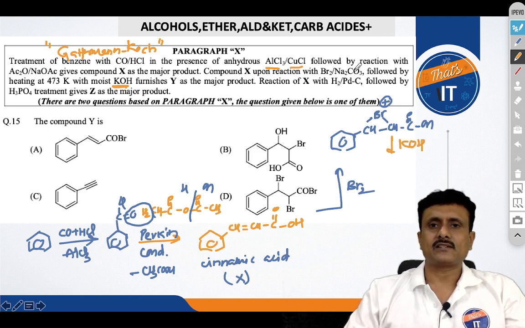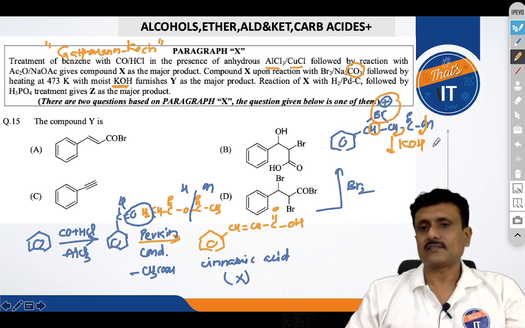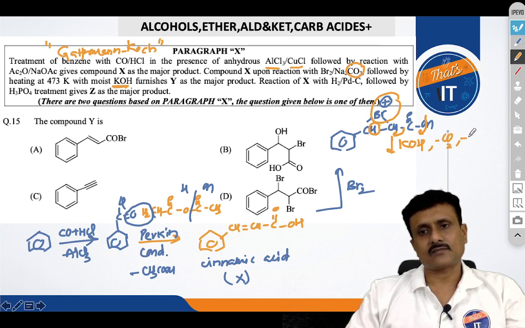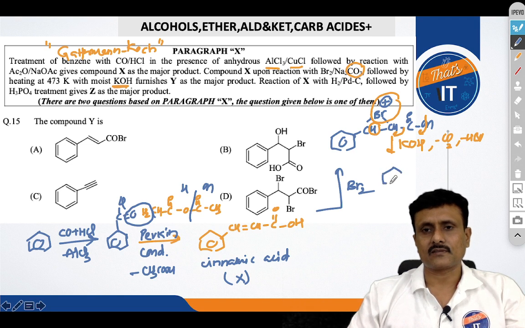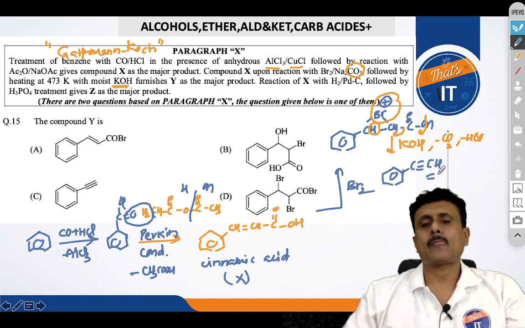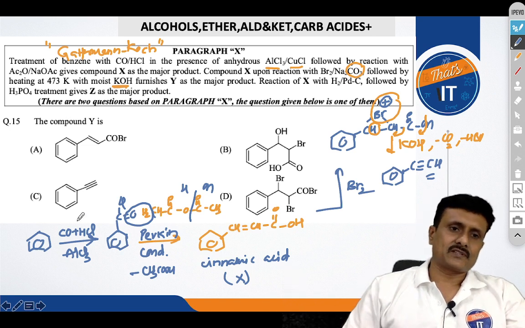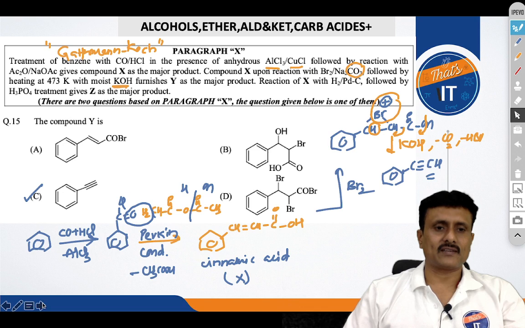So when you are heating it with KOH or carbonate ion, it not only eliminates the carbon dioxide but also removes the HBr. So there is the elimination of carbon dioxide as well as HBr because you are using the combination of two strong bases. So you will be getting this option C as the product Y.